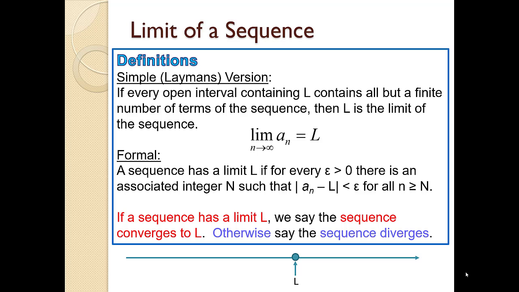It means then that the sequence approaches a single number. If you think of it on a number line, if the sequence has a limit, we'll say the sequence converges to L. We often just say the sequence converges because sometimes we don't care what it converges to. Otherwise, if the limit doesn't exist, we'll just say the sequence diverges.